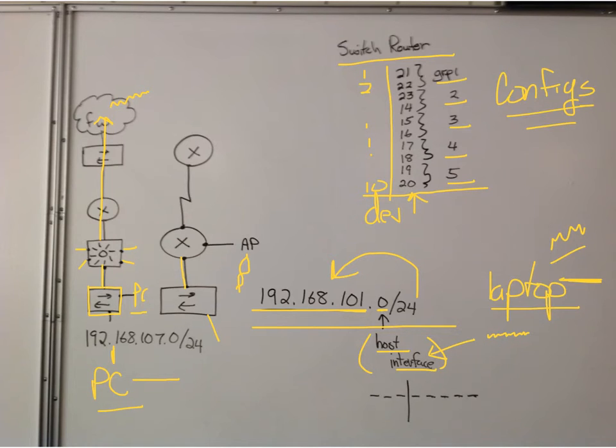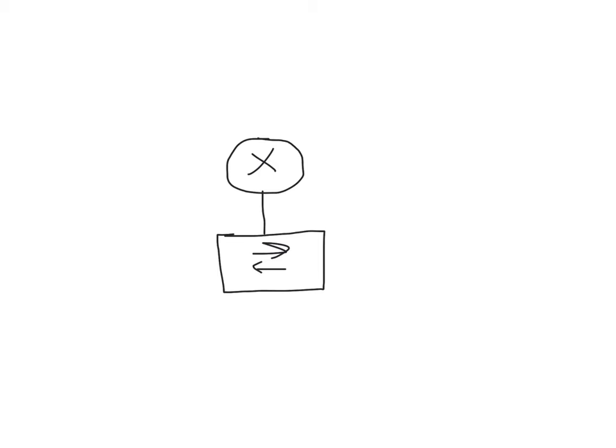Now let's take a look at that scenario. So students did the basic configurations to the routers. Then they took the switches that already were configured. Let's say switch 1, device 1, and this router was device 21.